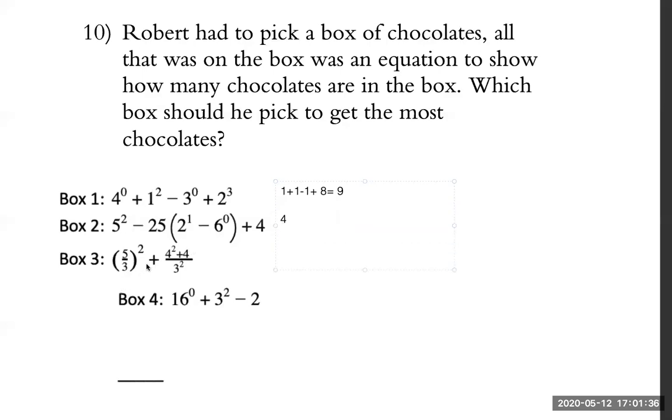Box number 3: 5 over 3 times 5 over 3, plus 4 squared over 3 squared. Do you guys know how to multiply fractions? So what's 5 over 3 times 5 over 3? 25 over 9.